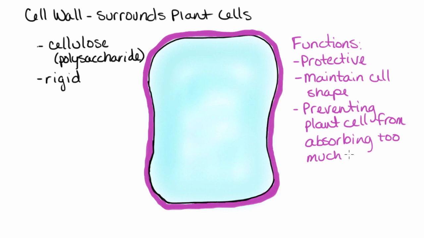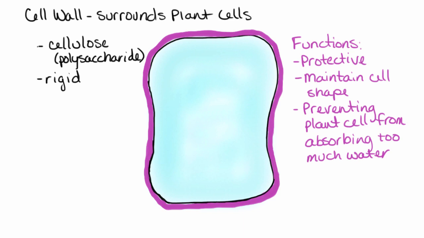This is really important because if a plant cell absorbs too much water, what's going to happen is it actually is going to rupture, it's going to burst. So that would be a deadly thing for a plant cell. And so this cell wall is going to form this rigid box around the cell. And so while the plasma membrane is going to stretch when water enters, it's not going to be able to stretch beyond the confines of this box.